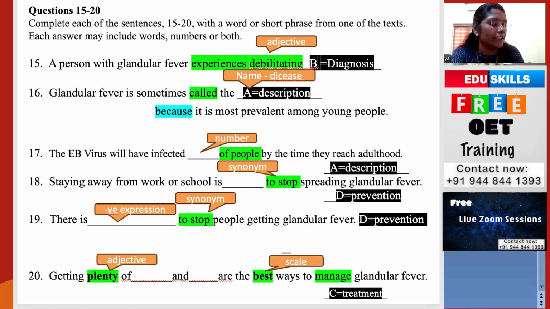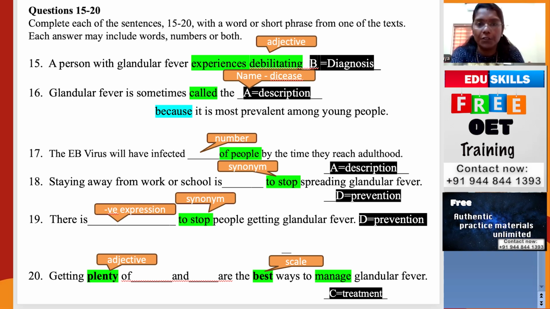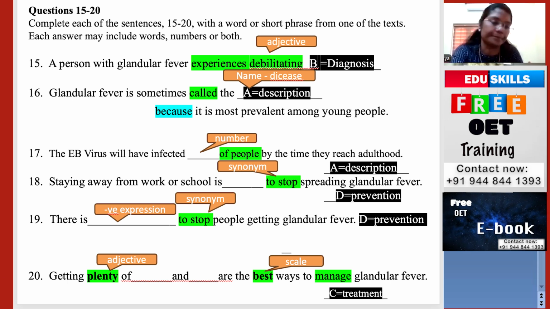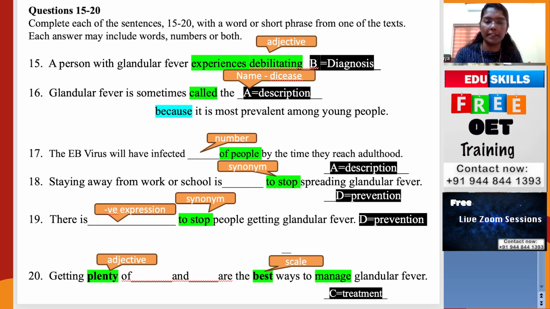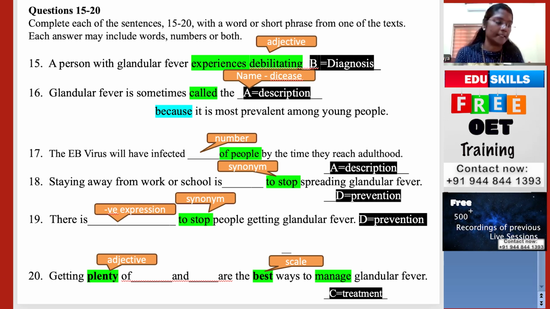Next, the eighth question: what does EBV stand for? Then you have to check whether you have written it correctly. That is the proofreading, so our next step is proofreading. Epstein-Barr virus is our answer. Just check the spelling. Then the 16th one, glandular fever is sometimes called: kissing disease.